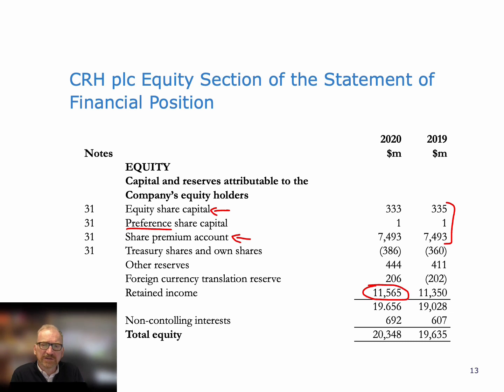When the company generates profits and doesn't pay them out as dividends, then it is increasing the equity of the company that belongs to the shareholders. And that gives us our total equity down here of 20 billion for CRH.